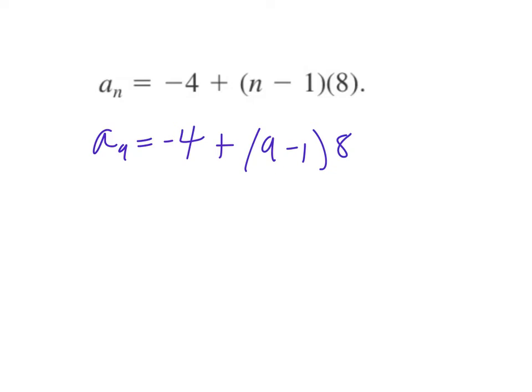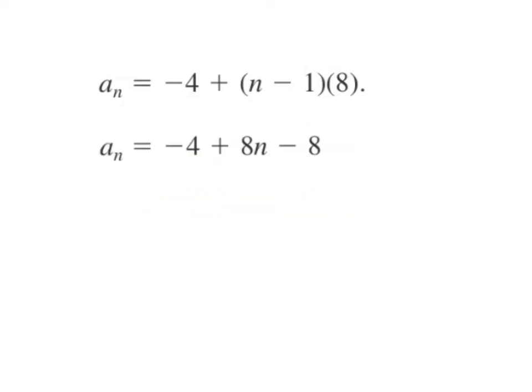Extra parenthesis for no reason. All right? So a sub 9. This is -4 plus 64. That equals 60. Okay.